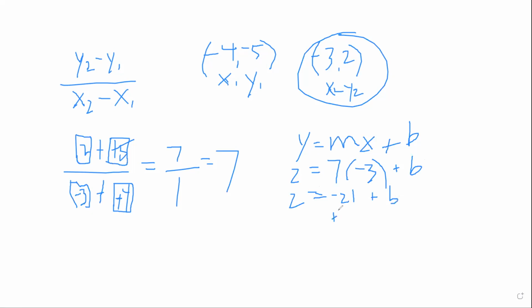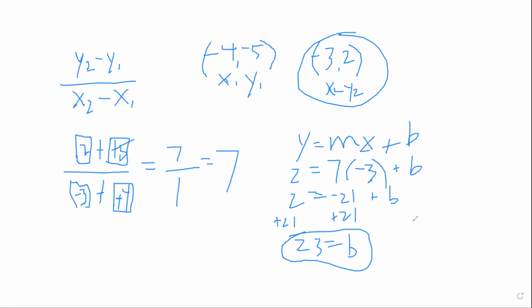Add 21 to both sides. This is a very steep line. Remember, our high whole numbers give us very steep lines, and with a y-intercept of positive 23, you need a big graph to even show that.